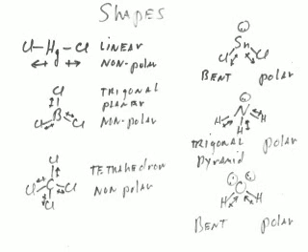For the mercury dichloride, the two bonding pairs get as far apart as possible, which gives us a linear molecule, and the two dipoles cancel each other out. In the case of the tin dichloride, however, in addition to the two bonding pairs, we have the lone pair. So there are three pairs of electrons around the tin.